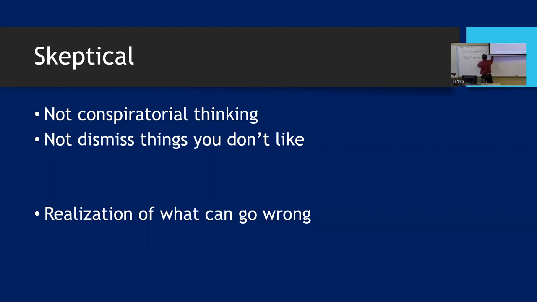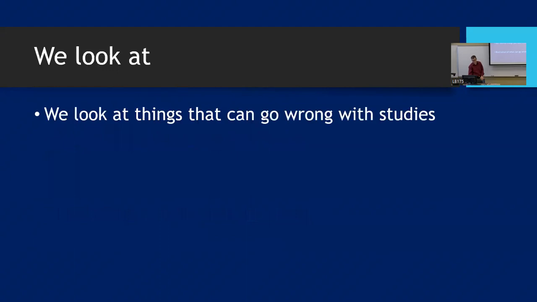And all I'm saying here is that we need to be skeptical in the sense that we need to realize what could go wrong with studies and with data sharing. All right?